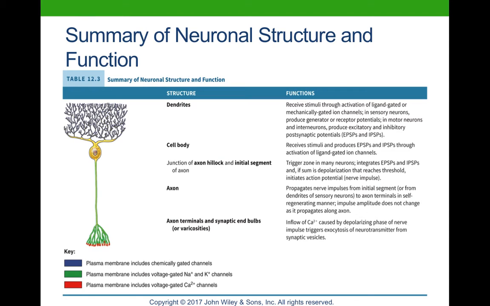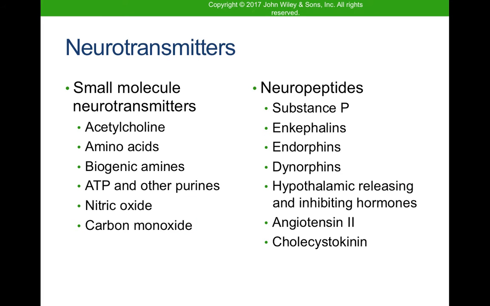You have a summary of the neuronal structure and the basic functions as well. The neurotransmitters that we've spoken of can both be excitatory and inhibitory and will be present in the central nervous system and the peripheral nervous system.